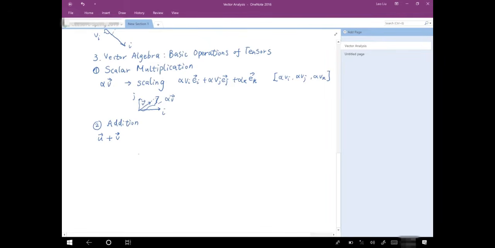For example, let's assume that U is like this, and V is like this. Do you guys know how to get U plus V? You should have learned it somewhere else, right?